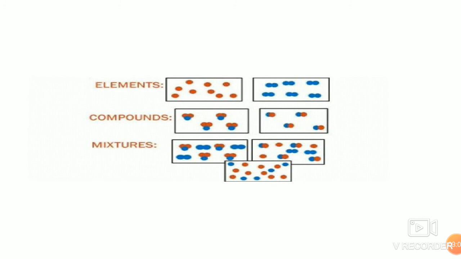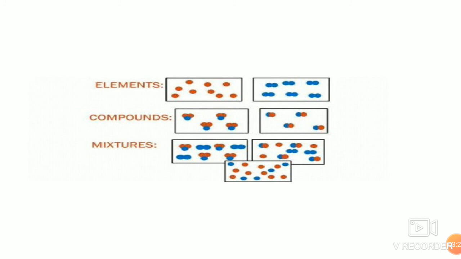Now talking about compounds. The first box right here in the compounds shows a fixed proportion. Can you see the first box contains two red balls and one blue ball? That means the ratio is fixed. You can see four figures in the first box, and all four figures contain two red balls and one blue ball.